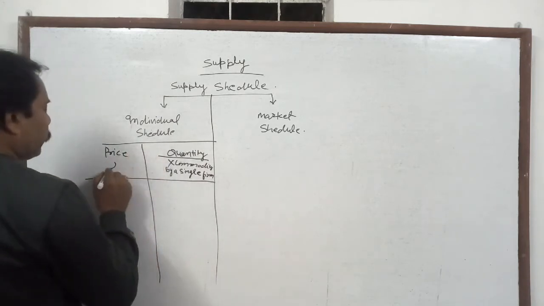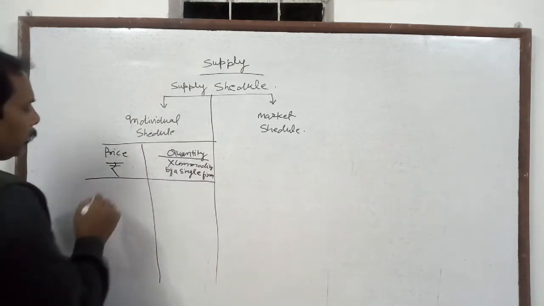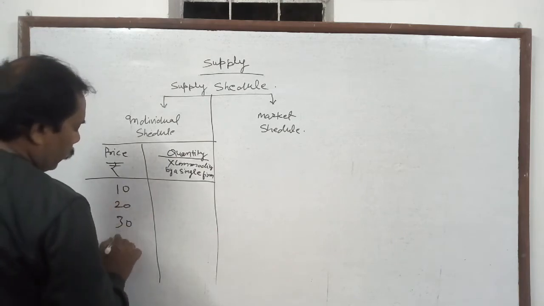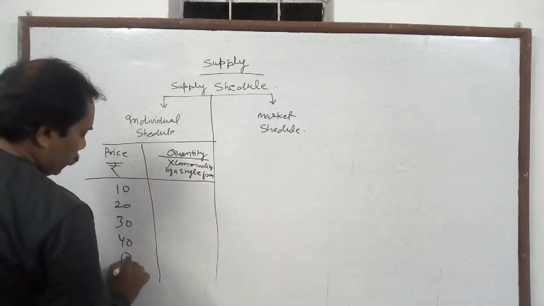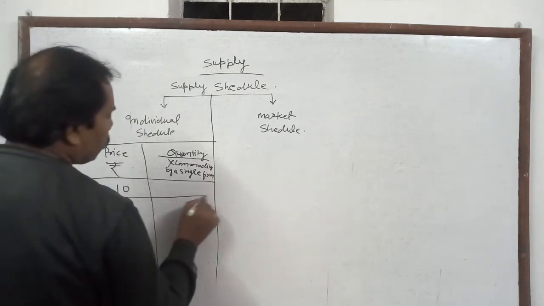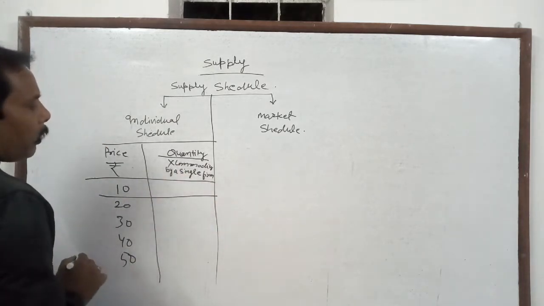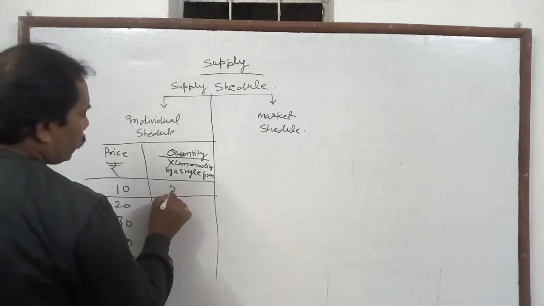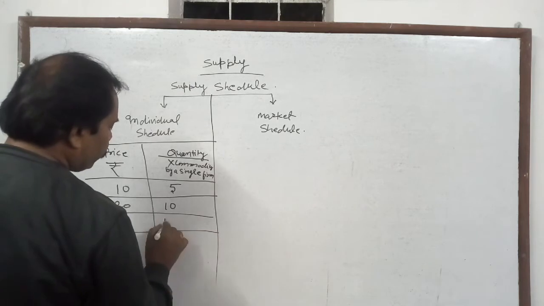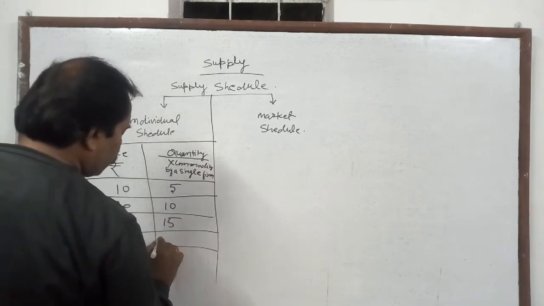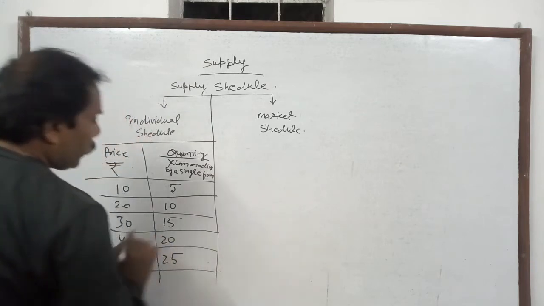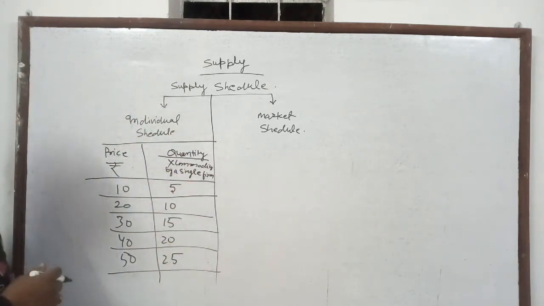And price is given in the form of rupees. So suppose 10, 20, 30, 40, 50. So these are the given prices. So at these prices, an individual firm or single firm is supposed to be ready to sell 5, 10, 15, 20, 25. Okay, so it is a tabular statement.